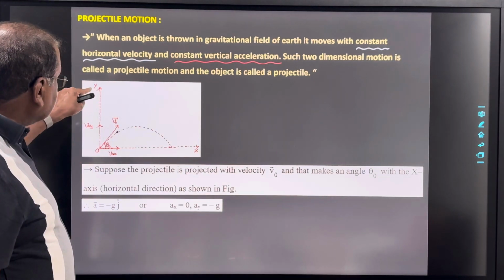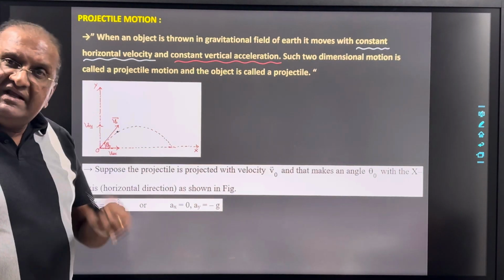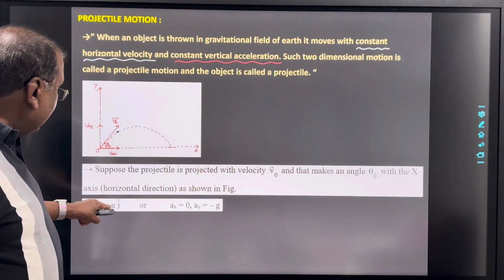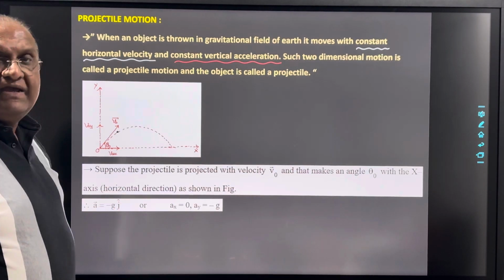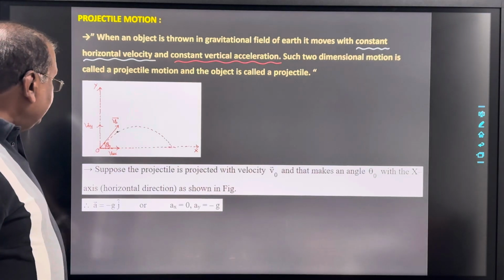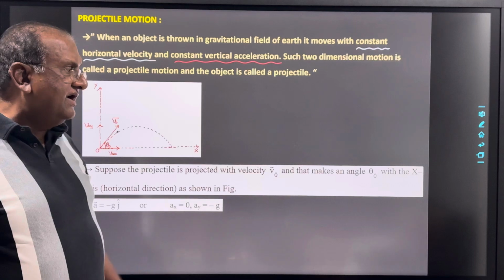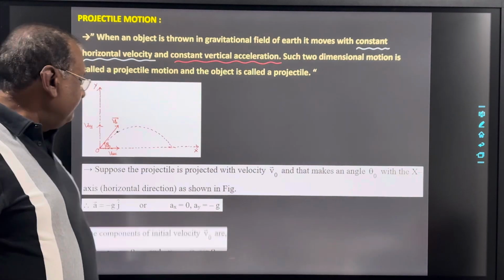Upward direction is positive y, downward is negative y. So we can say acceleration is minus g j caret. So here the x component of acceleration is 0 and the y component is minus g.